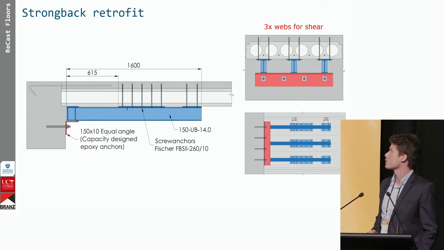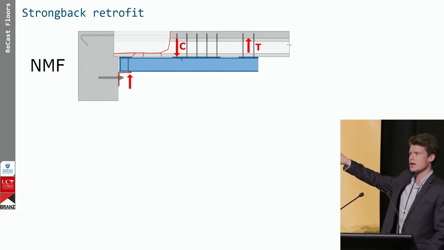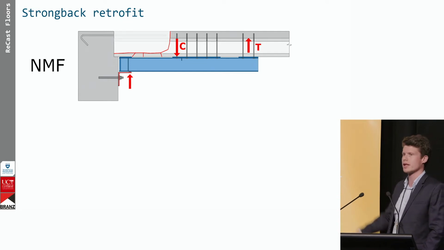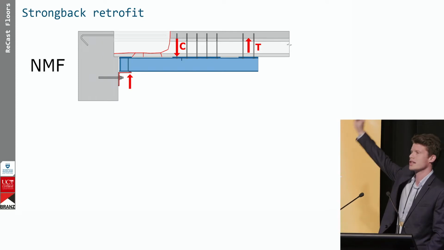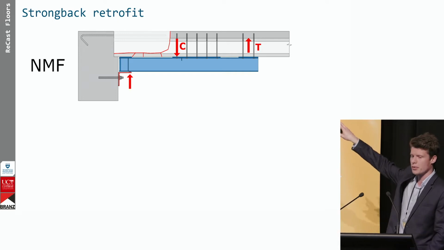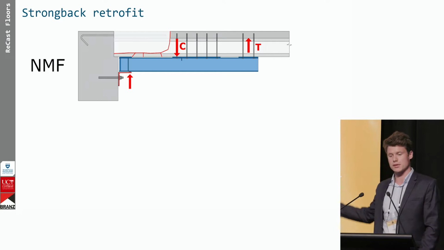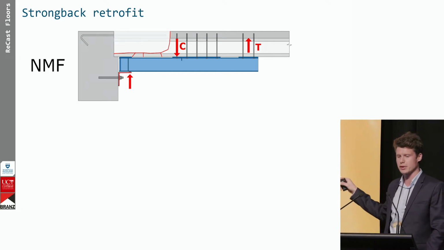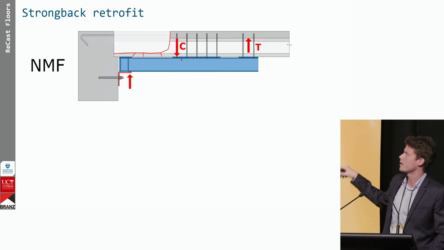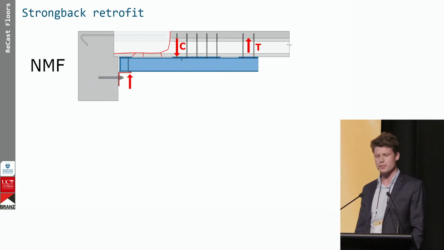So how do those Strongbacks work? So here you can see the typical negative moment failure, and I faded out the part that essentially gets useless after that negative moment failure occurs. And with this compression tension force couple you see there, the forces from the floor can be transferred into the Strongback section and then back to the seating angle and safely into the rest of the structure.